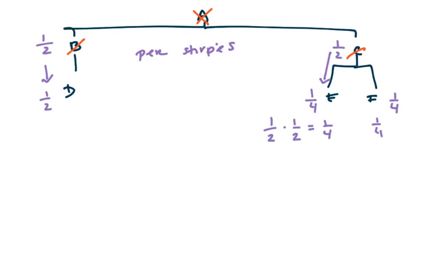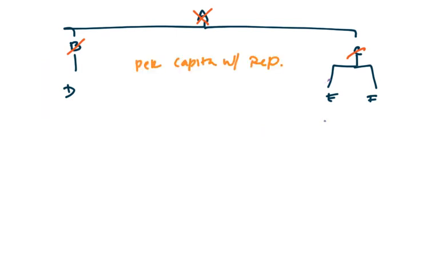Right, moving on, I would like you to apply the per capita with representation approach. For the per capita approach, we divide at the first generation where there is a live taker. That means we would skip this generation because both of the issue have passed away. They've predeceased the decedent.